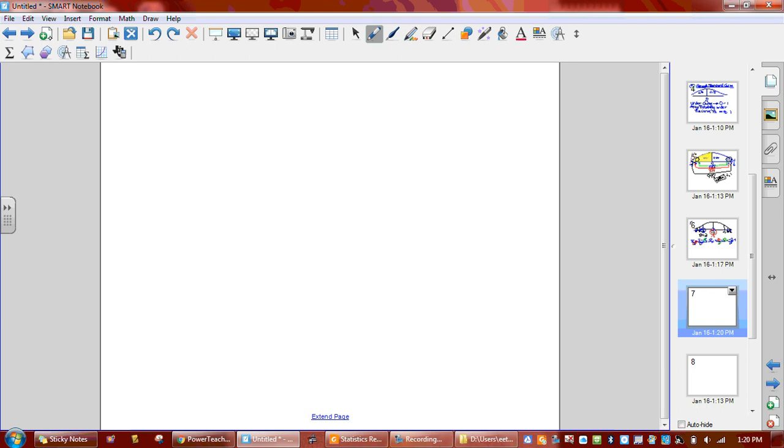So it's number 5. We want number 5, and that's going to be the area under the curve. So Z scores and area probability.